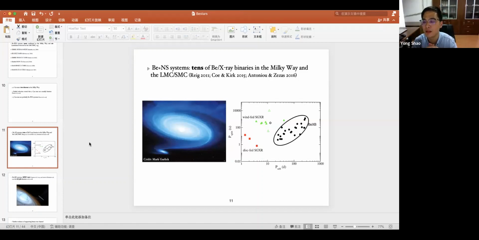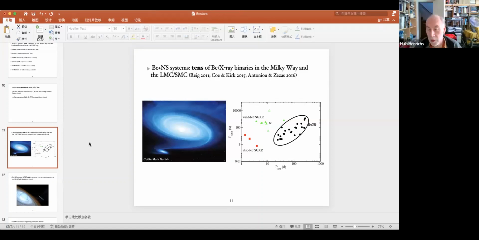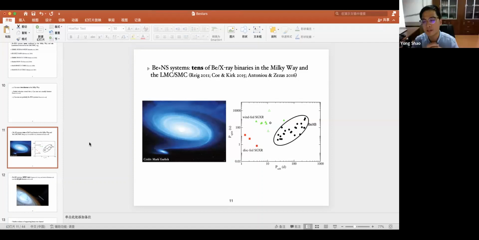I just guess it may be related to the activity of the star. You mean the activity of the companion? The Be stars themselves, like in Be X-ray binaries, type II outbursts. I know little about this.